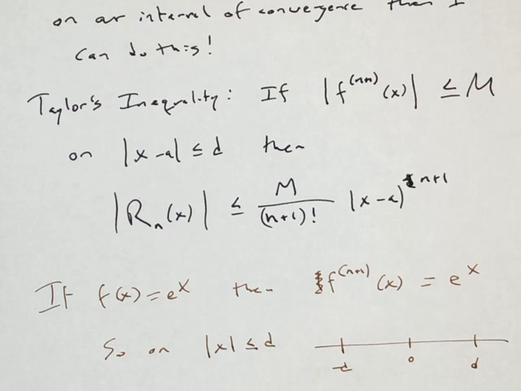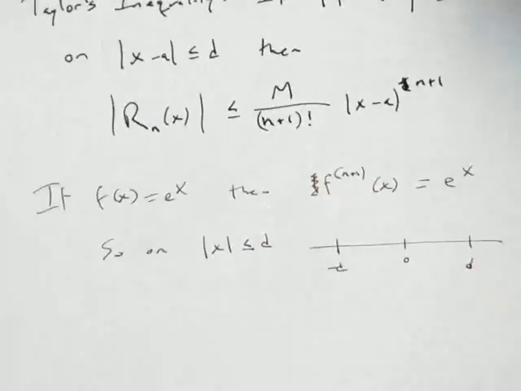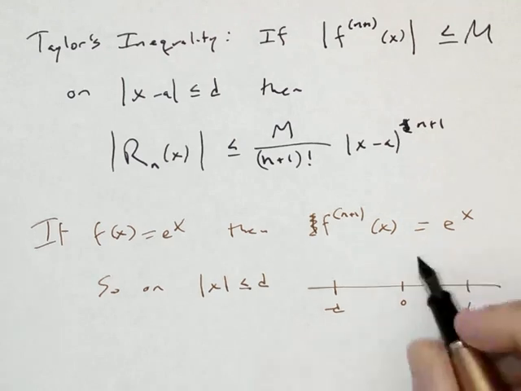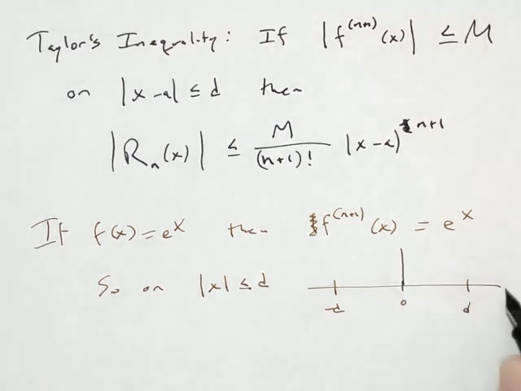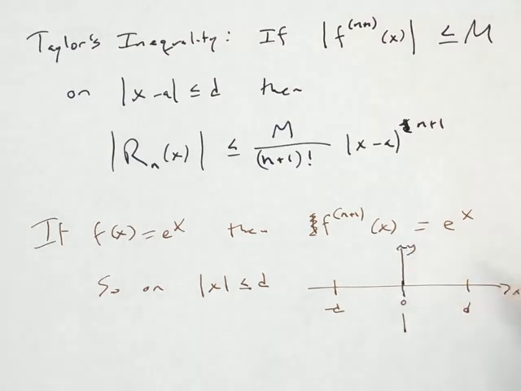Because remember, our series was a Maclaurin series, a is equal to 0. If you were graphing e to the x on this piece of graph paper, where would the largest possible value for e to the x occur? The largest y value?